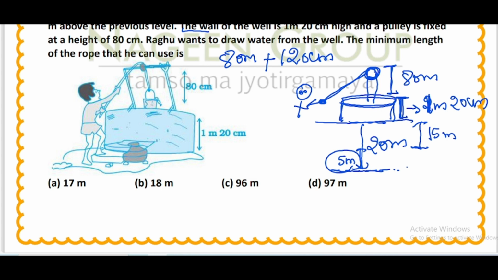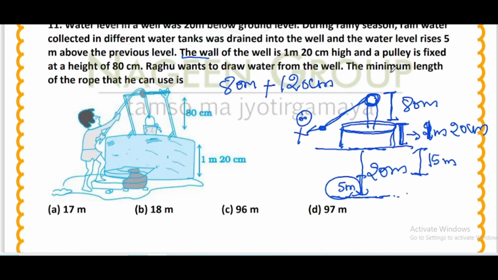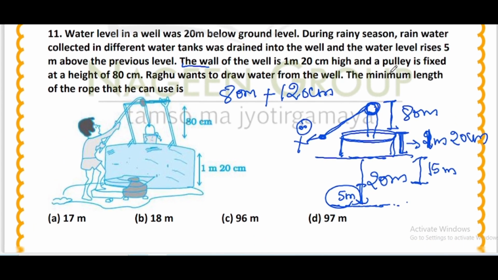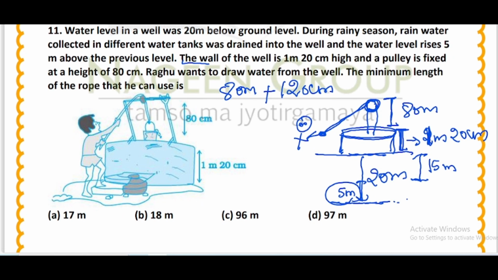Then same as the 15 meter, 15 meter of rope is needed to touch the water. Then we find out the length of the rope. When we change 120 centimeter to meter, that is 1.2 meter, and that is 15 meter.